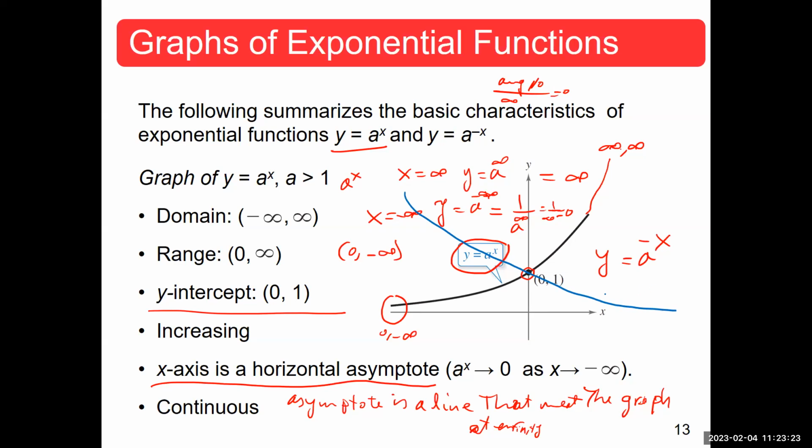So this is y equals a to the power negative x. So the asymptote, as a is positive, we have a point 0, comma, positive infinity. Okay, and this point goes to negative infinity, positive infinity.